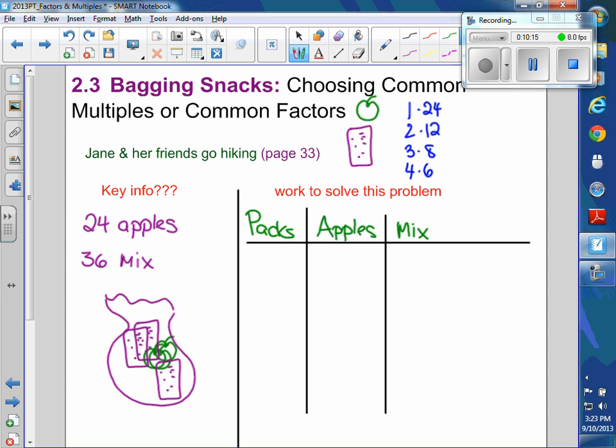And then, Catherine, how about the factors of 36? 2 times 18, right. 3 times 12. Good.